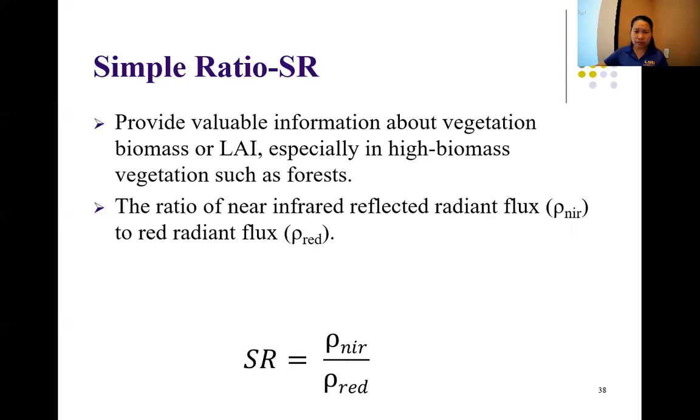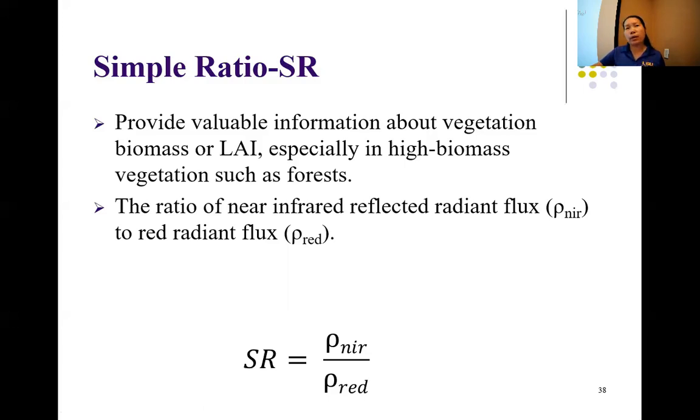SR is basically the ratio of near infrared reflected radiant flux to red radiant flux, using this equation here. Note that in this chapter, this is the sign for radiant flux, so it's calibrated reflectance.